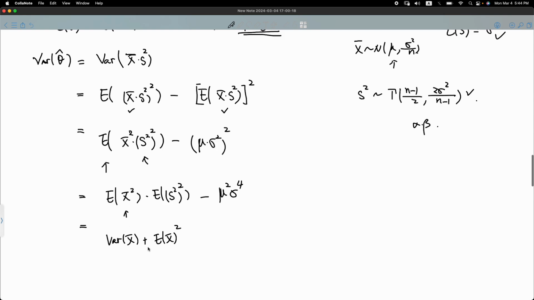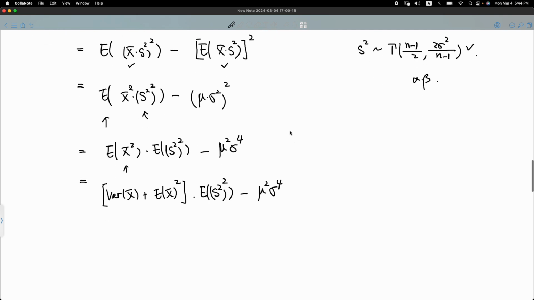So that's the sum, and the sum multiplied by the expectation of s squared squared, minus mu squared sigma raised to the power of 4. Okay, so here we have the variance of x bar and the expectation of x bar.